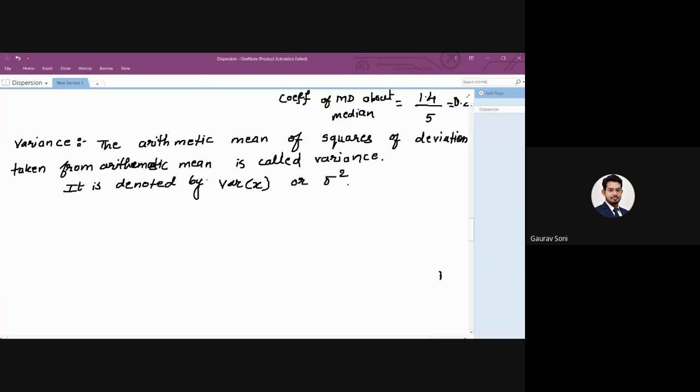Yes, anyone who can tell me what is VAR of X equal to? Summation of xi minus x bar whole square divided by n.